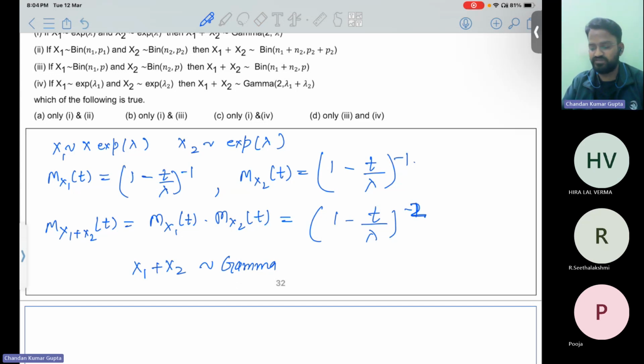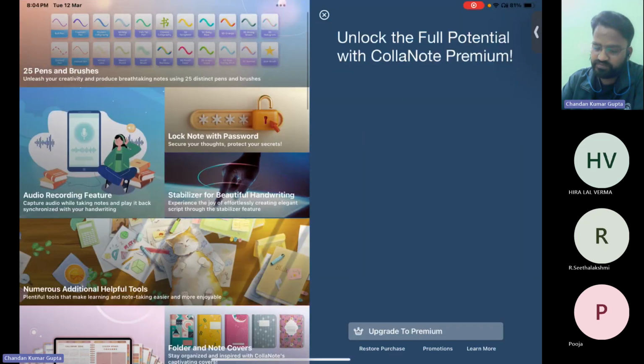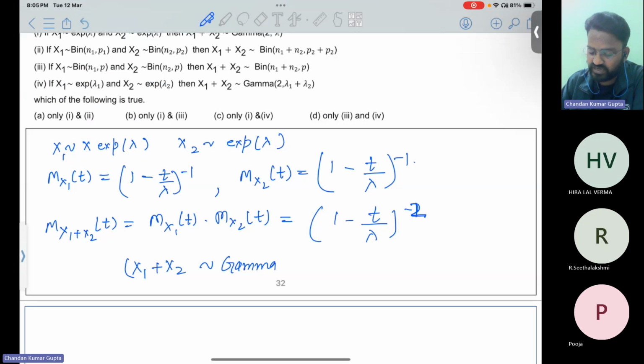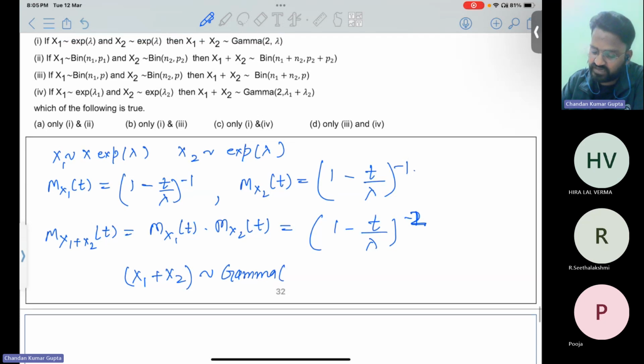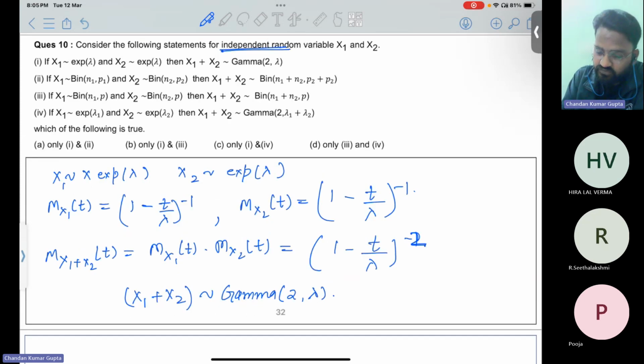Thank you. So x1 plus x2 follows a gamma distribution with parameters k equal to 2, and lambda. It is the additive property of the exponential distribution as well, which we have already discussed in the previous slide. So the first is right.